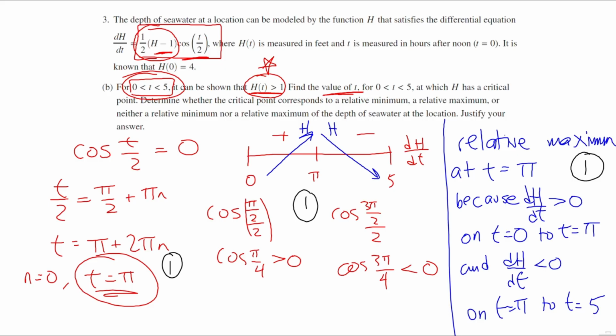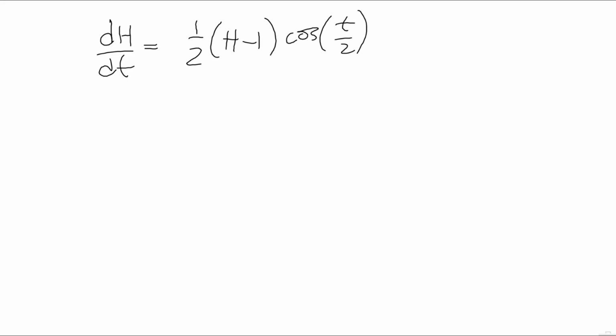We can also take a second derivative of this, because we know that our derivative is equal to 0 at t equals pi. And so let me go ahead and on a new page here, let's rewrite our dH dt. Right, dH dt was equal to 1/2 of H minus 1 times the cosine of t over 2.